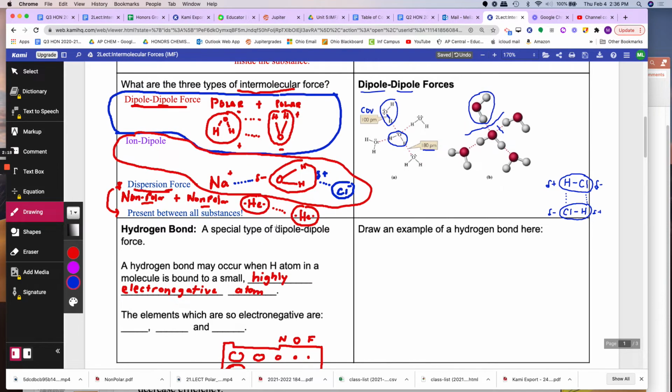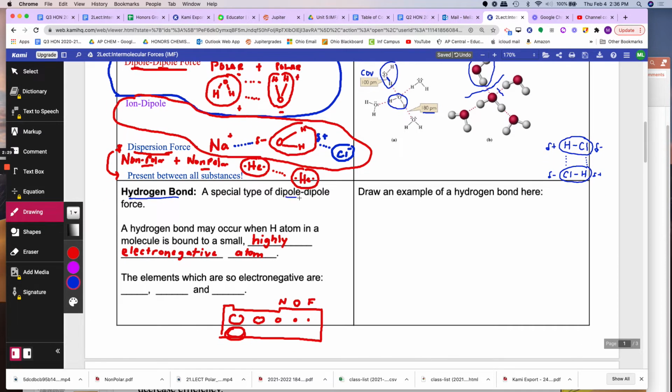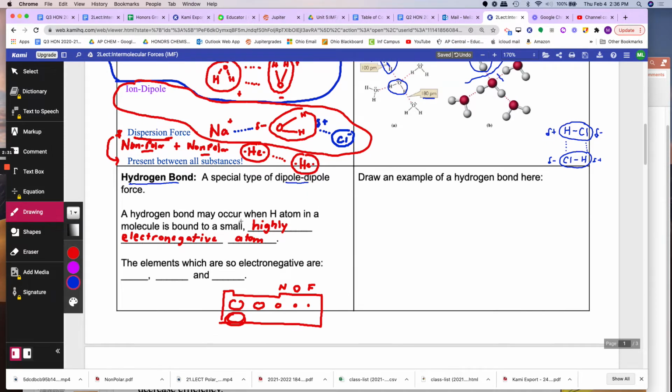So there is a very special type of dipole-dipole force called a hydrogen bond. It is a dipole-dipole force, and it happens when the H atom in a molecule is bonded to a small, highly electronegative atom.